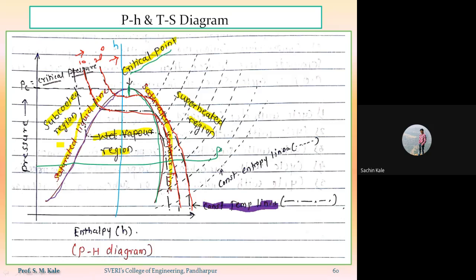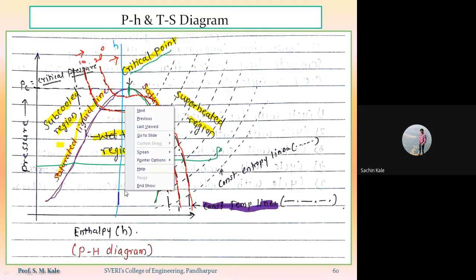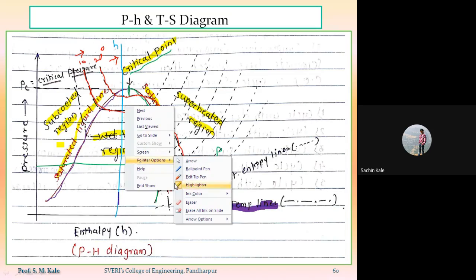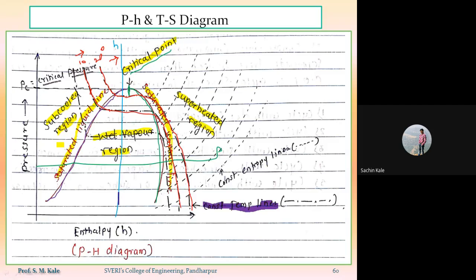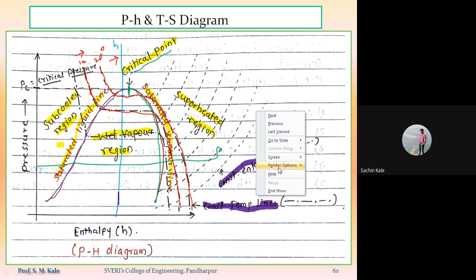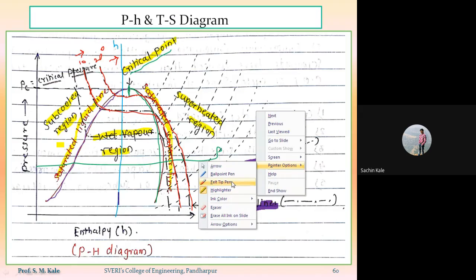Then another line. Sorry, not enthalpy. We have seen the constant enthalpy, that is nothing but the vertical line. Another line is called the constant entropy line. So what is the nature of constant entropy line? You are observing these lines here. Whatever these dotted lines are, those are indicating the nature of constant entropy lines.